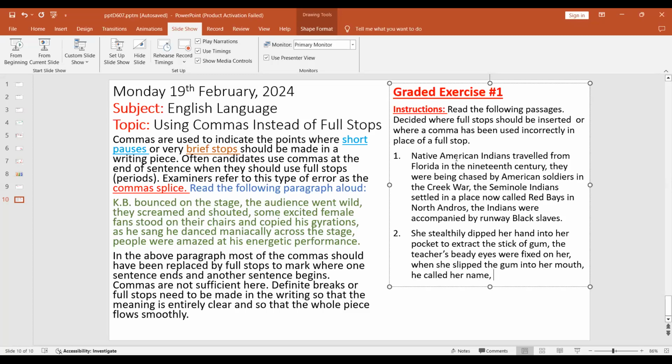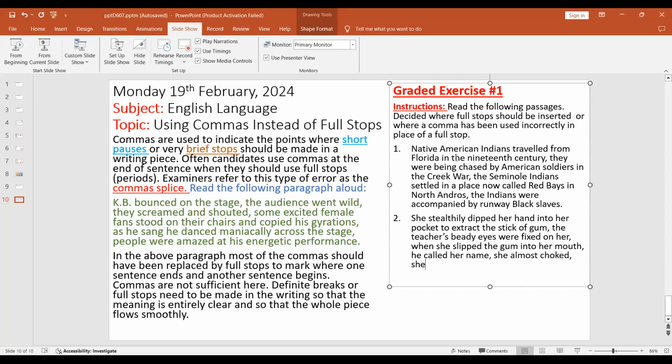So he called out her name. She almost choked. She had been caught. Punishment. Yes, you could put caps. That's correct. Punishment was sure to come.